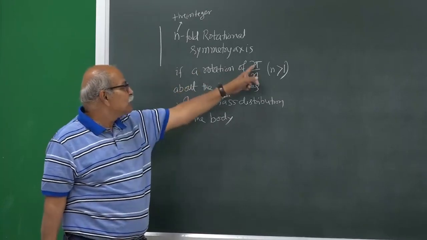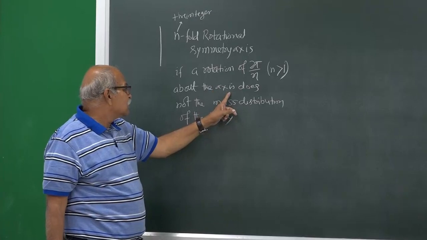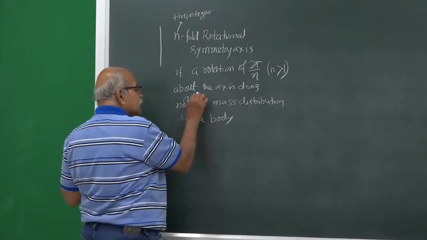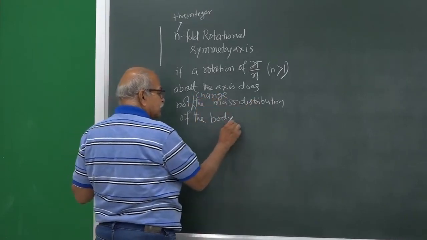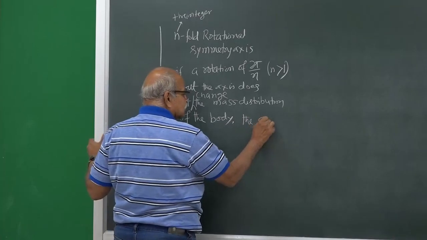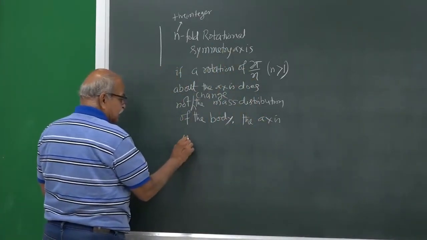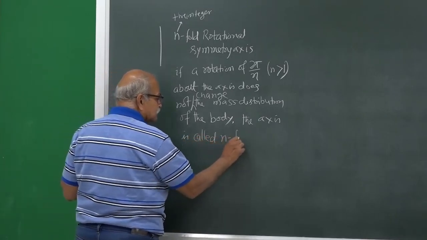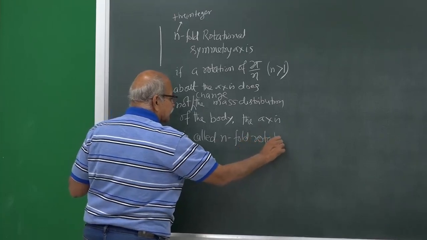If a rotation of 2 pi by n with n greater than 1 about the axis, about the line, does not change the mass distribution of the body, this axis or line or direction is called an n-fold rotational symmetry axis.